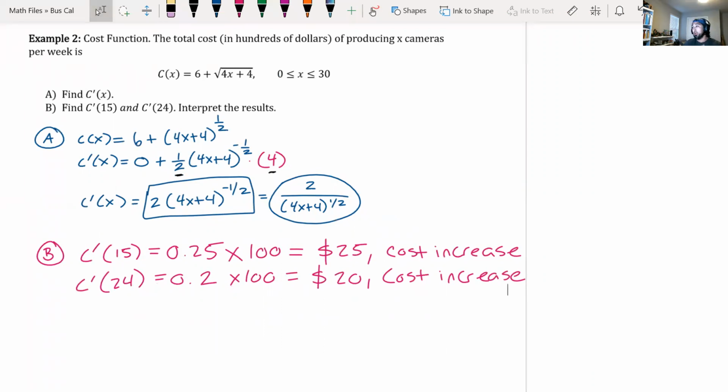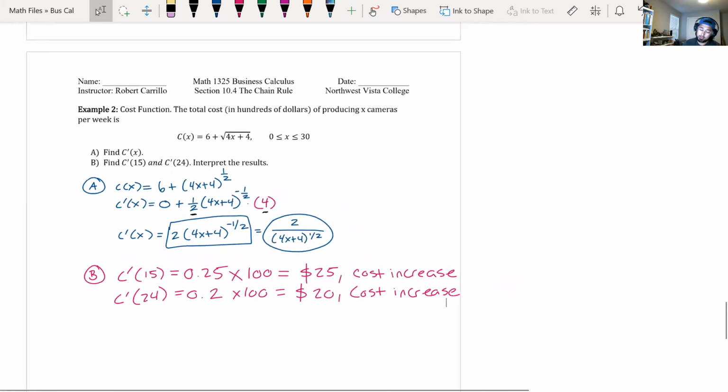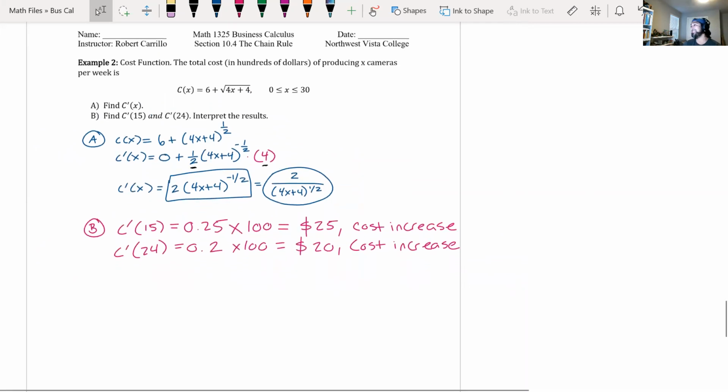So remember, when you have a derivative and you're plugging numbers in, if the output is positive, that always represents increasing. If the output was negative, that always represents decreasing. But other than that, that is the chain rule, and we are done. If you have any other questions, stick around. So that's it for today.